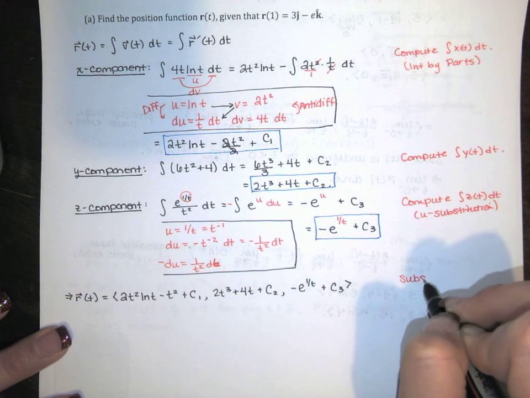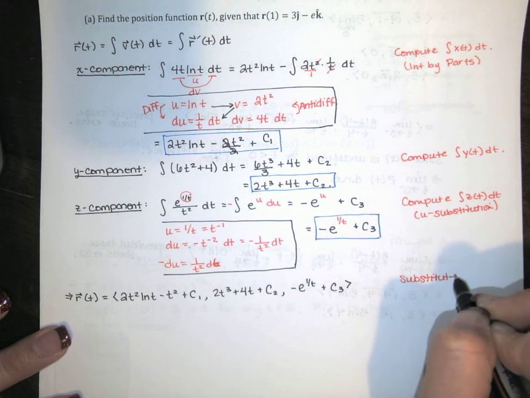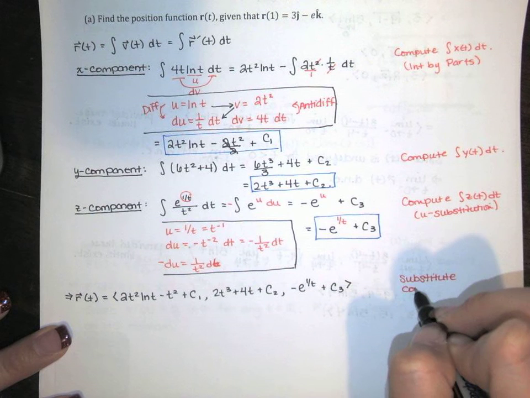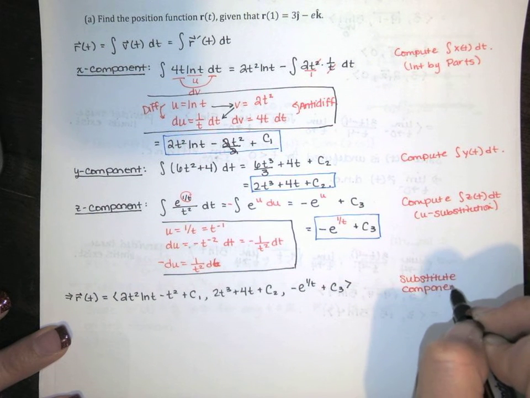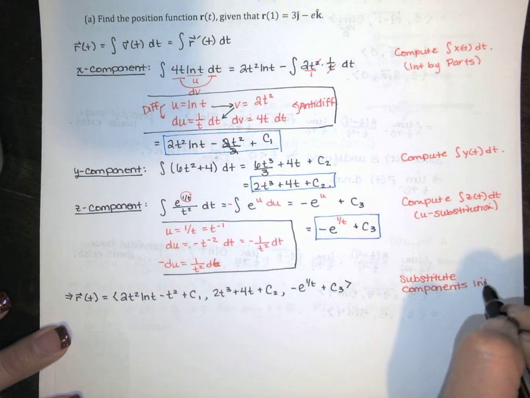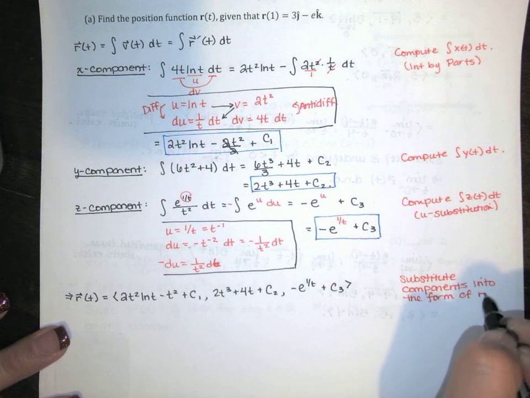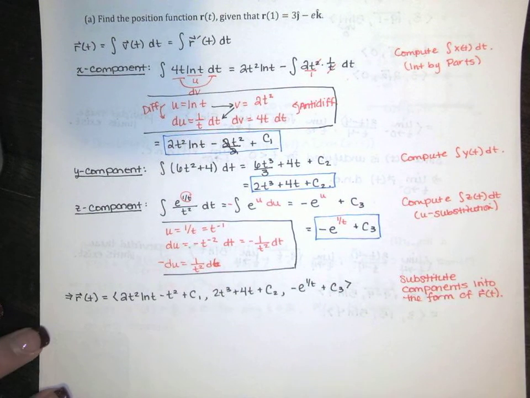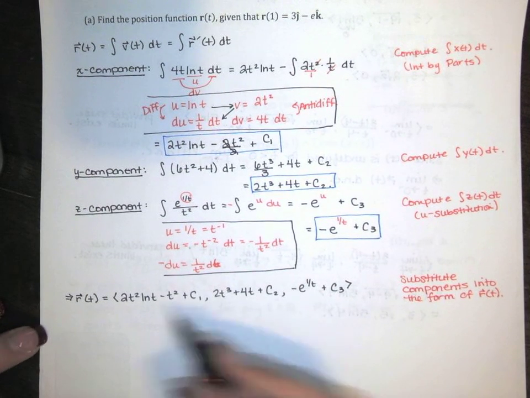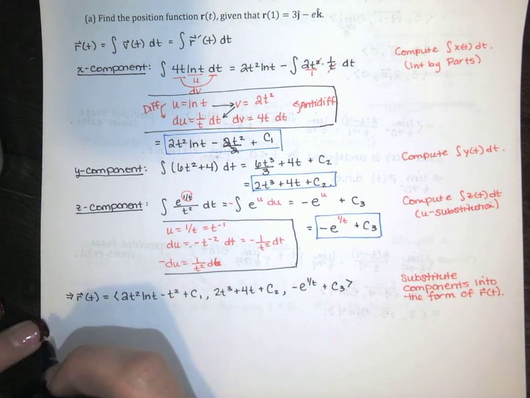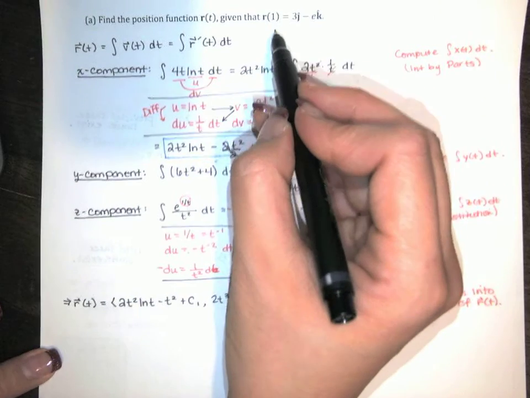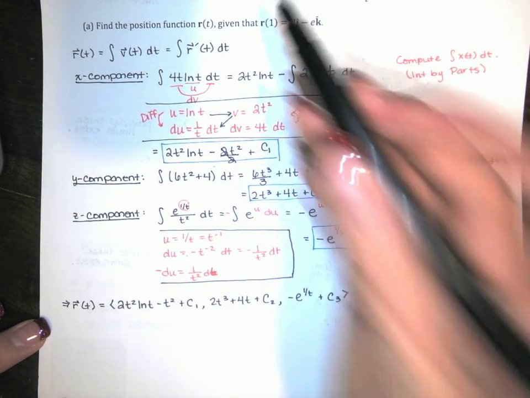So I have substituted the components that we just found into the form of r. And now we're going to evaluate all of this at t equals 1. And I'm using t equals 1 because they gave me r of 1.